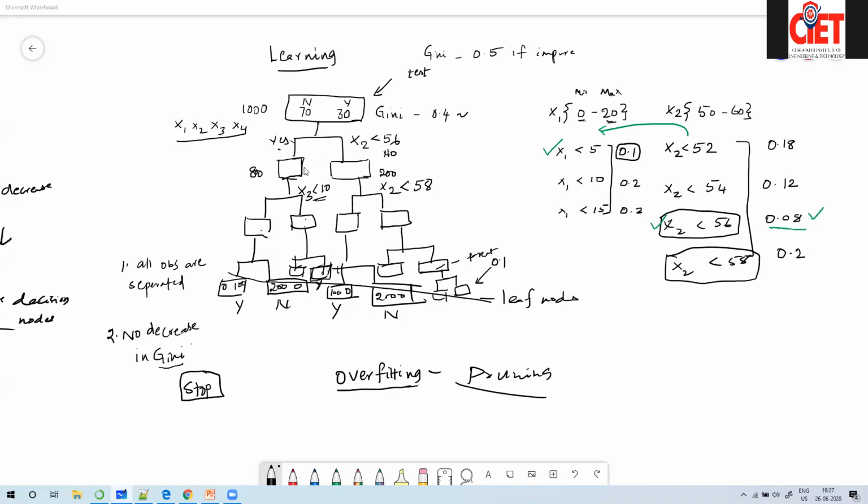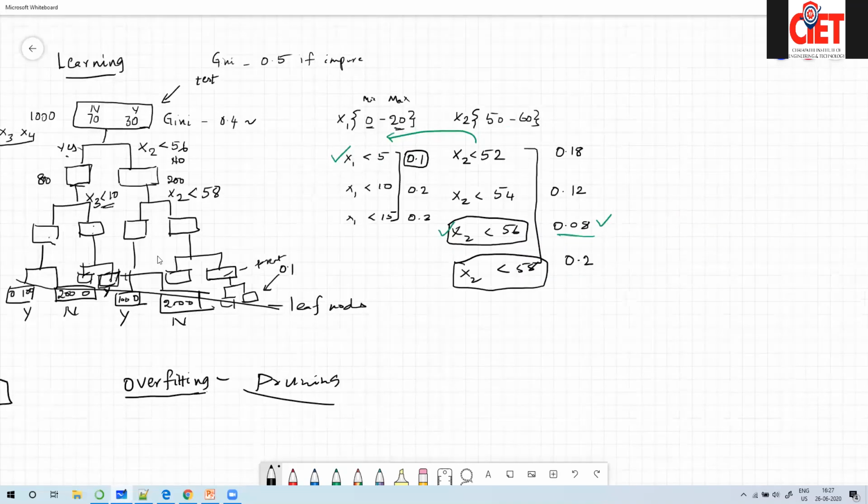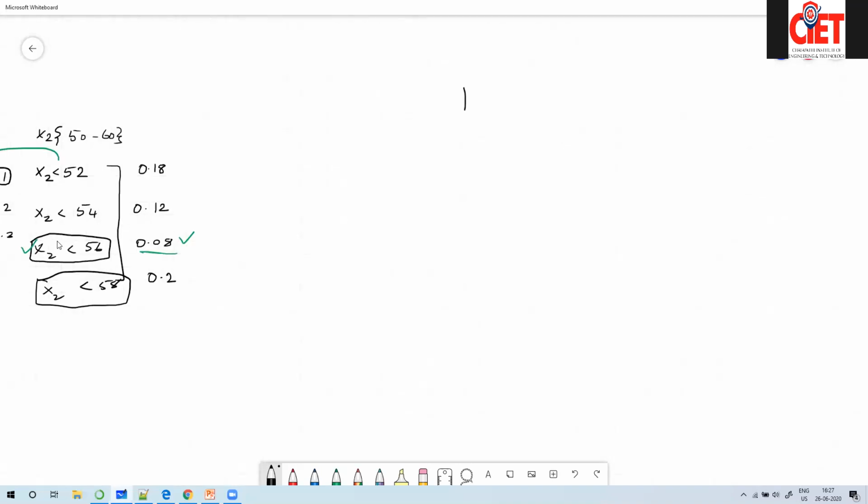Okay, trees don't have to be symmetric in nature. This is another good point. So don't expect that trees should always be like the symmetric tree that I have shown. Now if we try to split this, let's say we got a left hand child and we got a right hand child. Left hand child is divided further into multiple smaller subsets, but on the right hand child we were not able to split this any further, so this becomes a leaf node by itself.